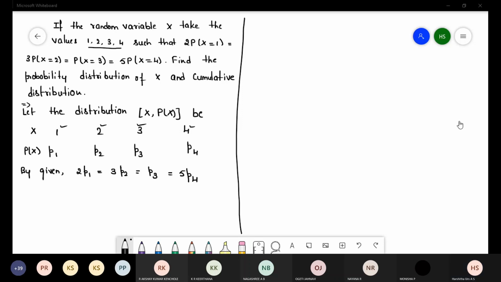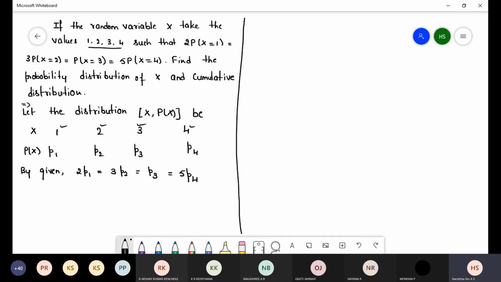In the next line, we know the condition. What is the condition? Sum of all the p of x must be equal to 1. So p1 plus p2 plus p3 plus p4 should be equal to 1. I call this one equation 1 and this one equation 2.